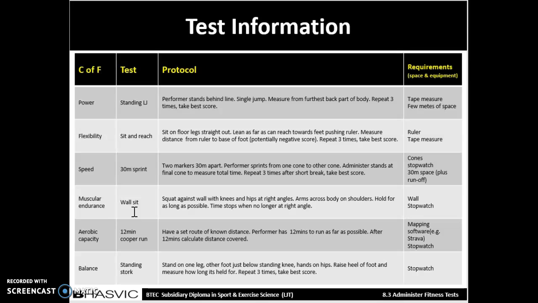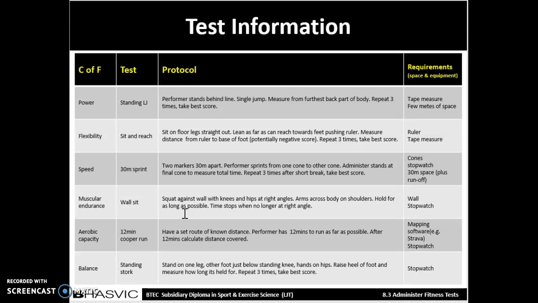Next, I would perform the wall sit test to measure muscular endurance. This would mean that the performer would have to squat against a wall with their knees and hips at 90 degrees, and their arms across their body, touching their shoulders, so there's no support on their legs.